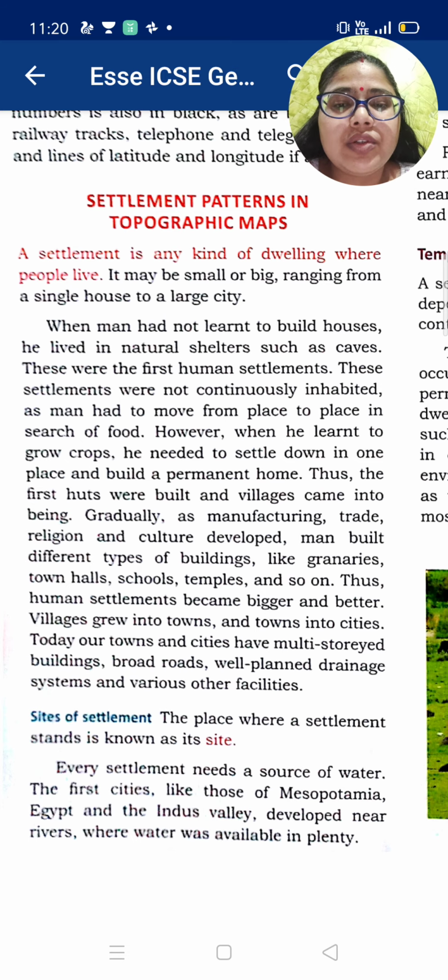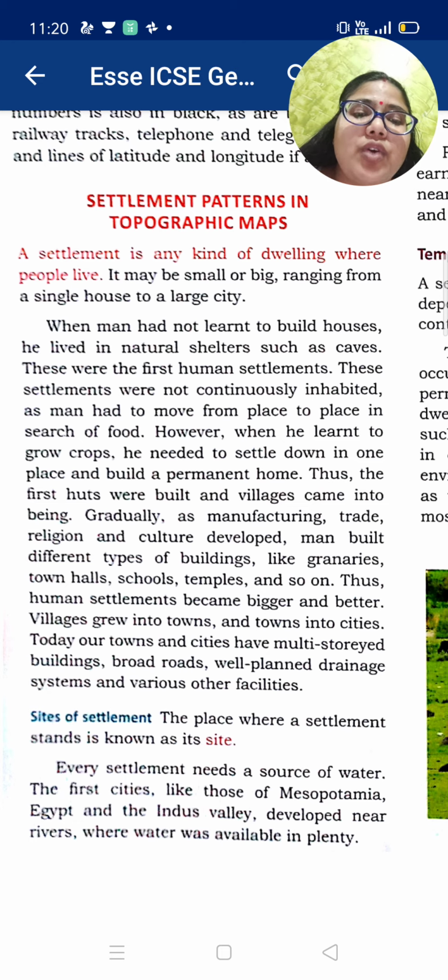Slowly, earlier also, villages must have converted into towns, and from towns they have been converted into cities. And today we have seen that these cities and towns have multi-storied buildings, very broad, long roads, well-planned drainage systems, and various other facilities.